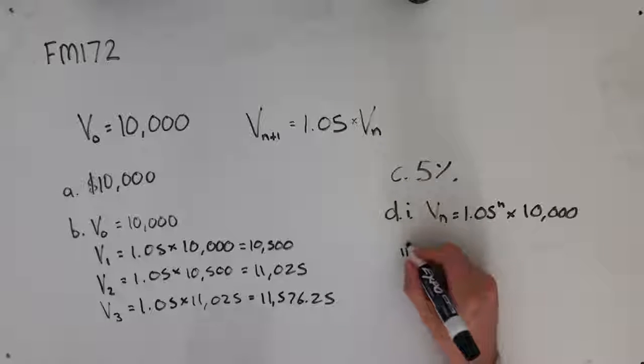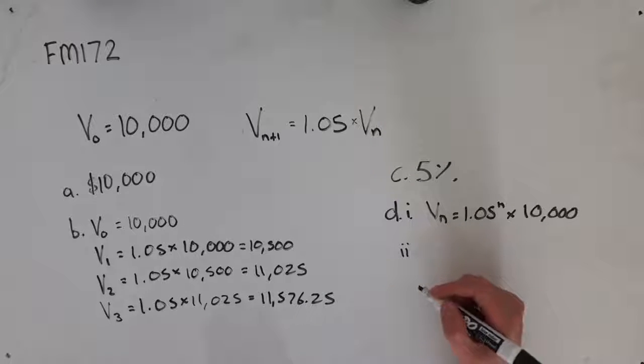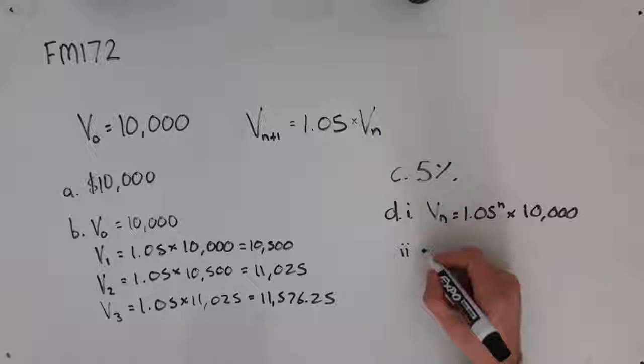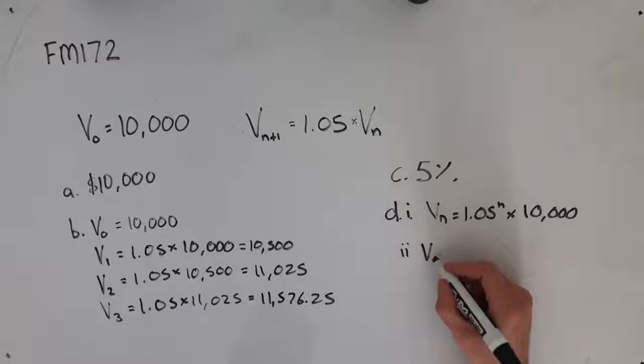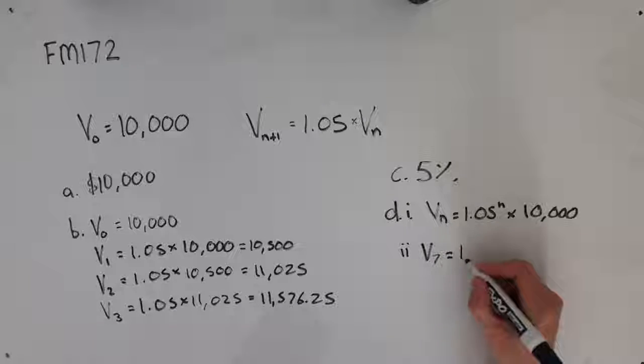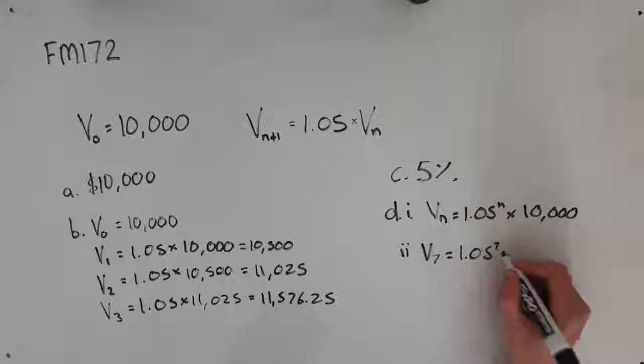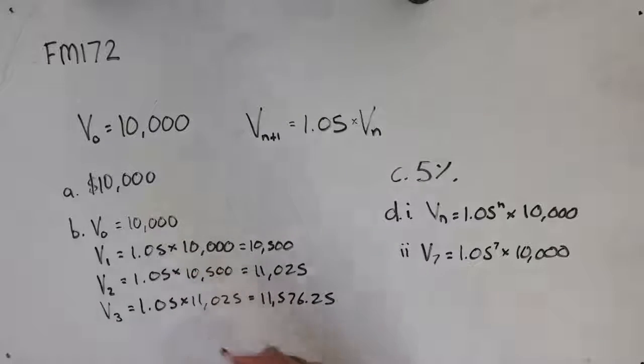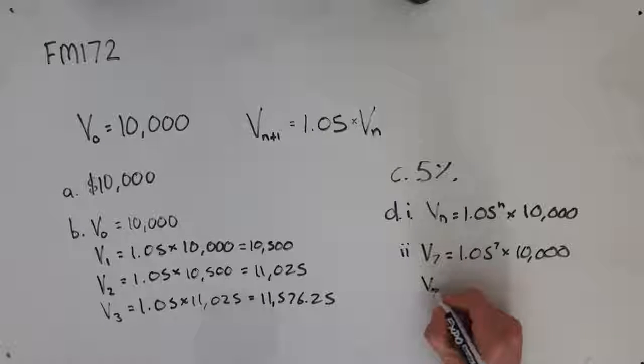Part II goes on to say, how much money will be in Dylan's account after 7 years? So if we substitute a value of 7 for n, this will help us to calculate the value of the account after 7 years. And it's also much faster to do than if we were to continue at this recursion and do another 4 steps. We can just go straight to using a rule, and we can get a value of V7.